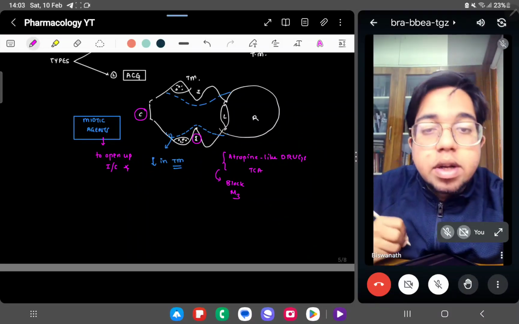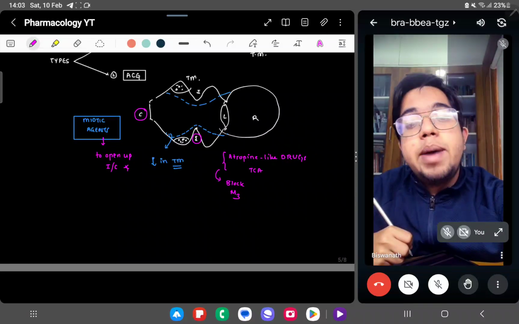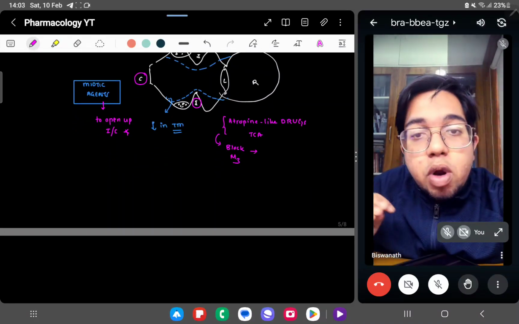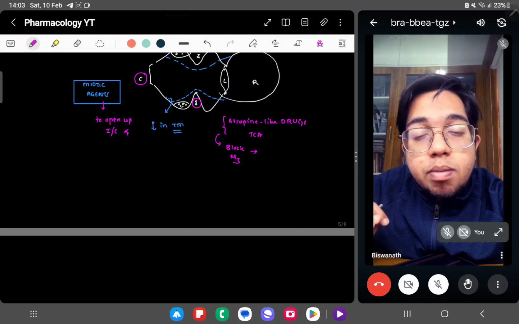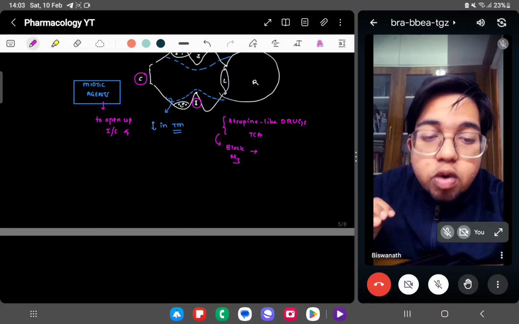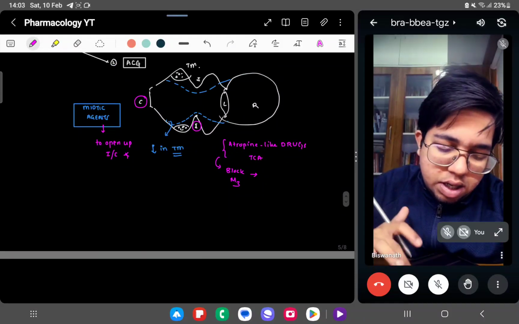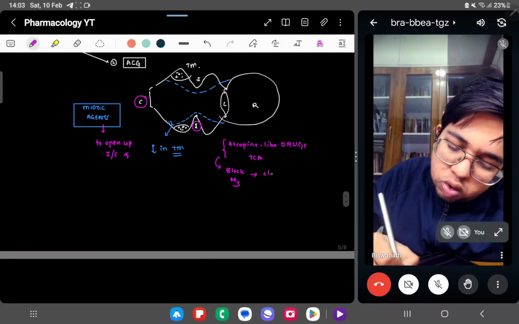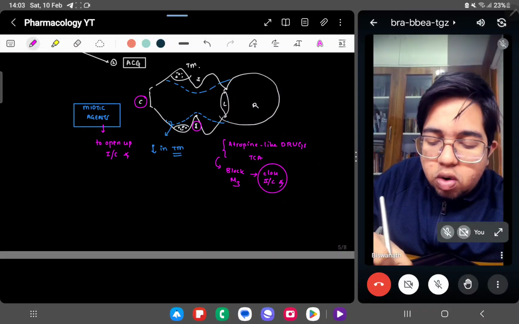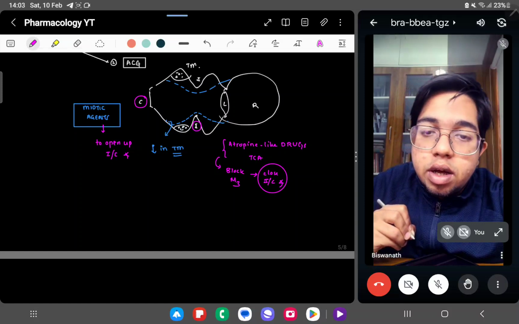The M3 receptor. If they block the M3 receptors, then what will occur? There will be mydriasis.